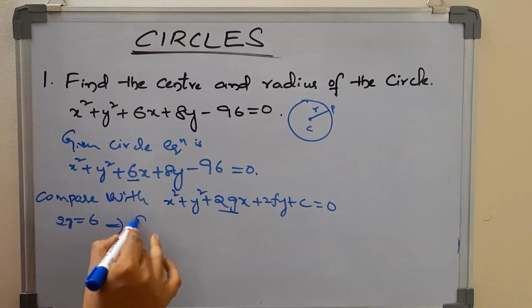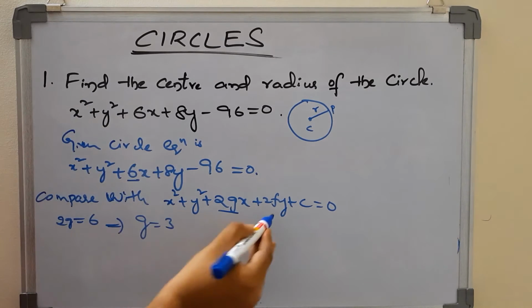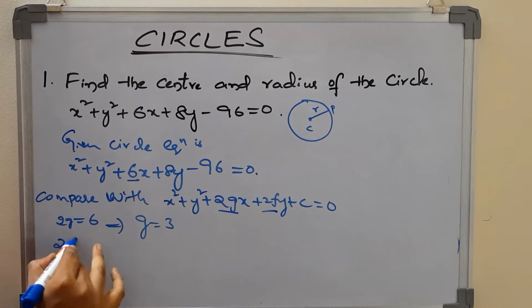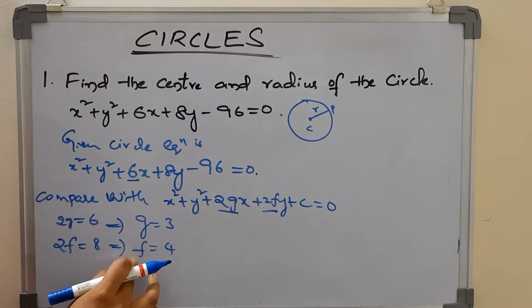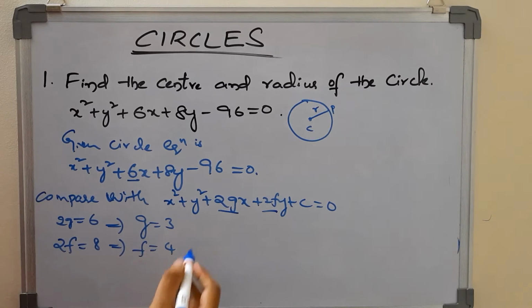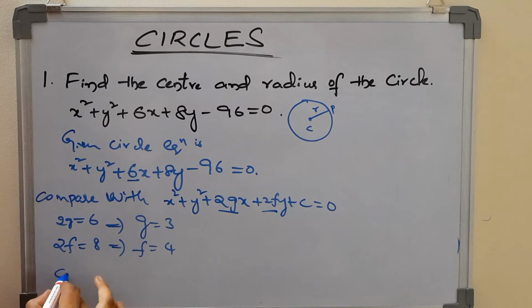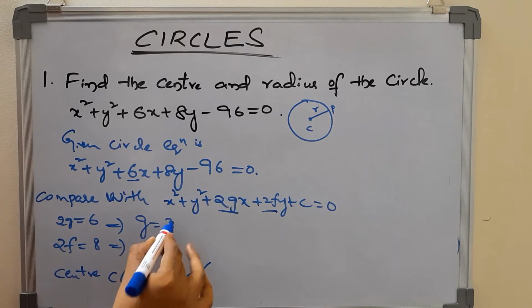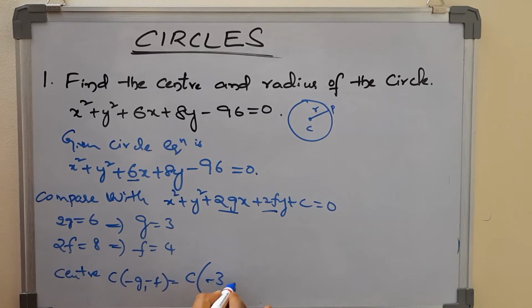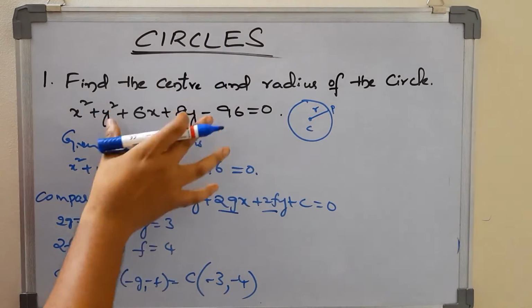We can write g is equals to 3, and 2f is 8, 2f is equals to 8, f is equals to 4. When we know g and f, we can write the center, right? What is center? Minus g comma minus f. g value is 3, so minus 3 and minus 4. Minus 3 and minus 4 is the center for this equation.